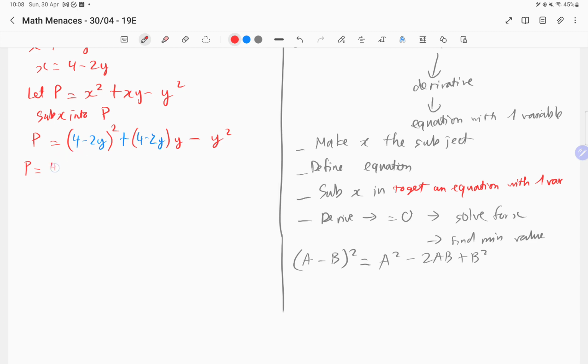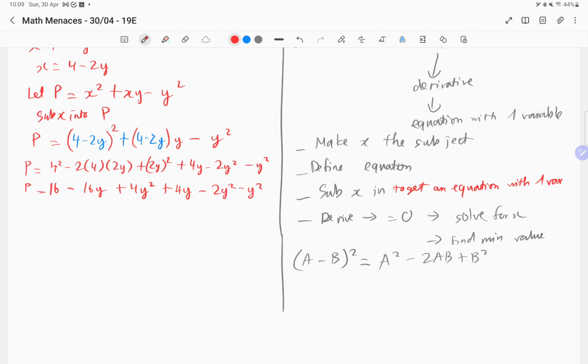So then this would be 4 squared minus 2 times 4 times 2y, and then plus (2y) everything squared. Okay, and then expand the other one, that will be plus 4y minus 2y squared minus y squared. Okay, so let's simplify that. 16 minus 16y plus 4y squared plus 4y minus 2y squared minus y squared.